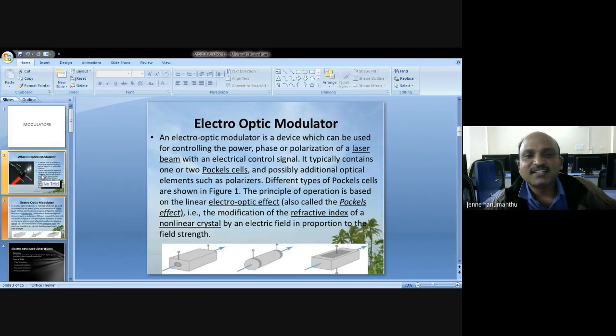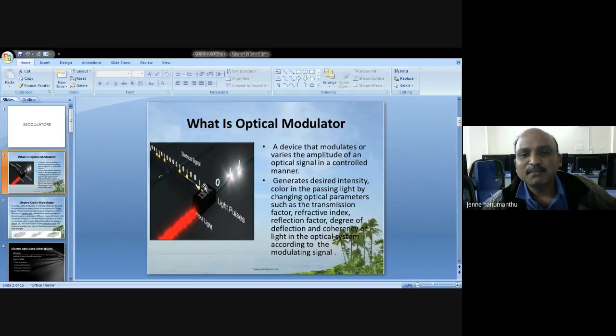Understand this? The same diagram will depict it here. See, observe the diagram. This is a diagram of a simple example of an electro-optic modulator. In this electro-optic modulator, there are two inputs: the input light beam, the laser beam, and the input electrical signal, and the output light signal, the output laser beam signal. So what is the meaning of this?